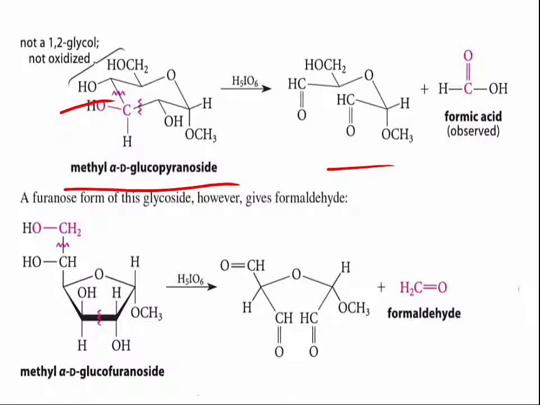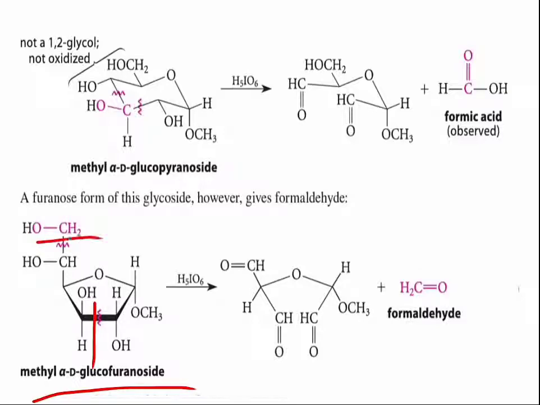This OH and this OH are not on adjacent carbons. They are separated by another one, CH2. So this is not a 1,2 glycol. That's why it is not oxidized. And this is in the case of methyl alpha D fructofuranoside. This and this will be broken.